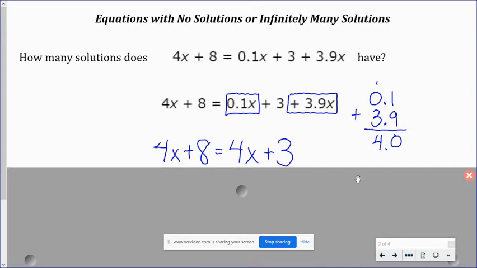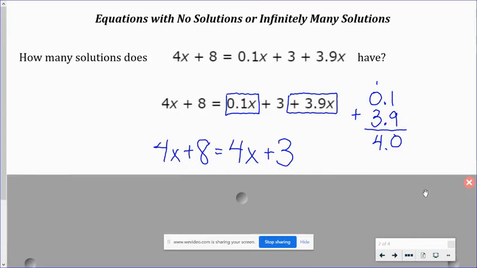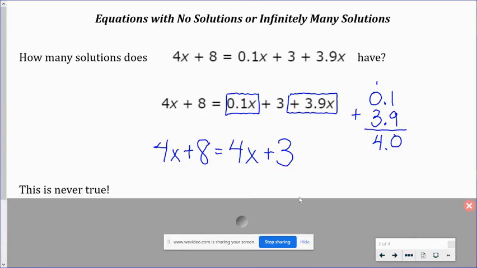When you see an equation in this form, where the coefficients are the same and the constants are different, this is alarming, and we know right then and there that this could never be a true statement. 4x plus 8 could never be equal to 4x plus 3. It wouldn't be balanced. And let's continue solving for x to show you why that equation could never be true.